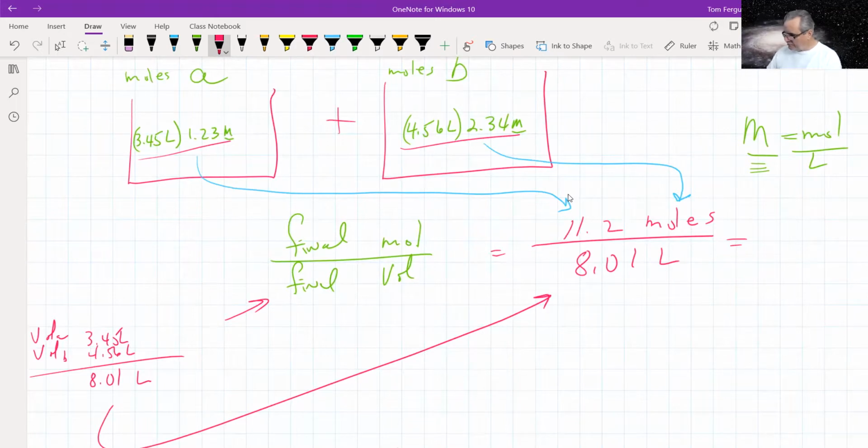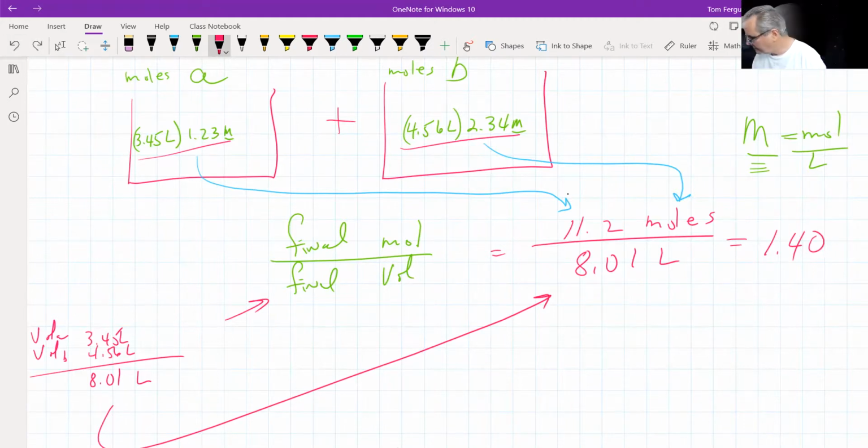Now we have 11.2 total moles over a total volume of 8.01 liters. So what is that going to end up being here? We're looking at 1.40 moles per liter.